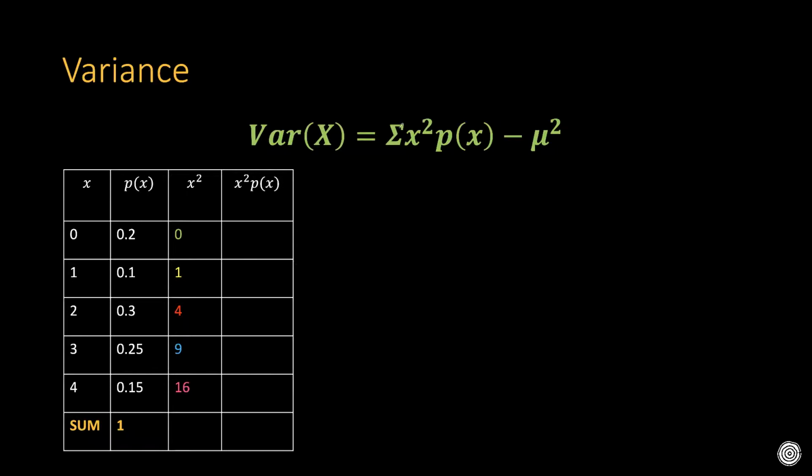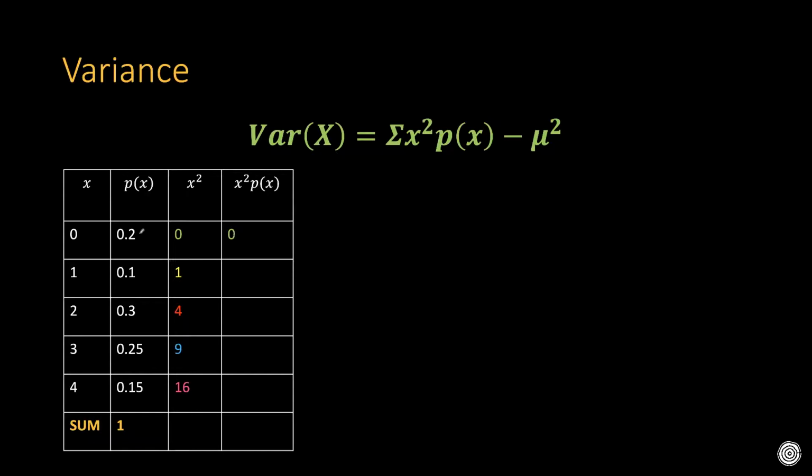Now, the formula reads as such. It's simply finding the sum of x squared times its probability, minus mu squared. So now I've got x and p of x. X squared is very simple to find. It's just the square of its value. So 0 times 0, 1 times 1, 2 times 2, 3 times 3, and 4 times 4. Straightforward. Then I multiply the value squared by p of x.